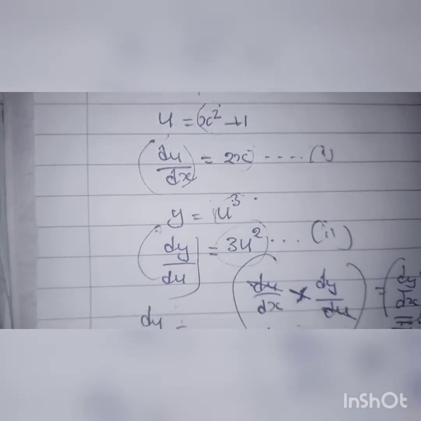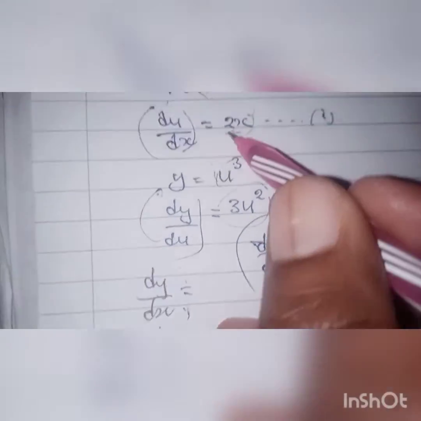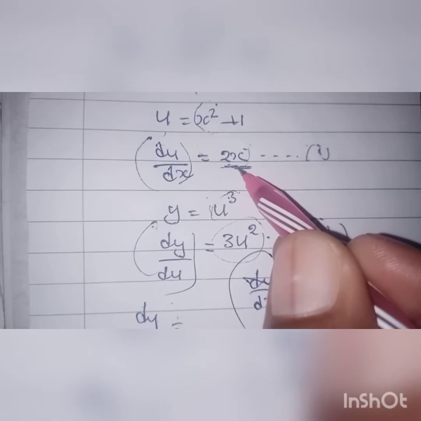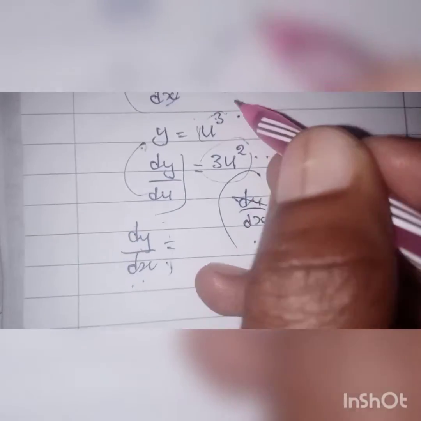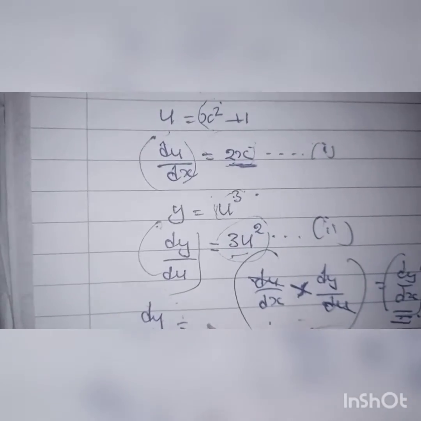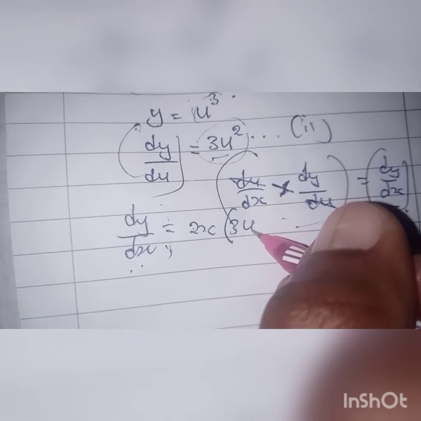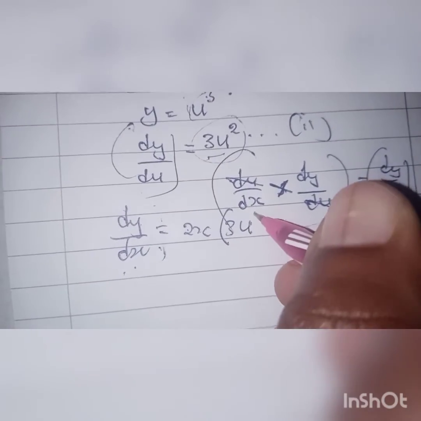Therefore, dy dx will be 2x, the function of du dx, multiplied by the function of dy du, which is 3u squared.